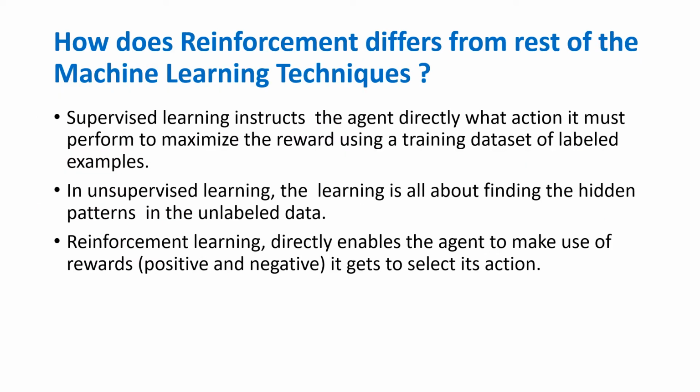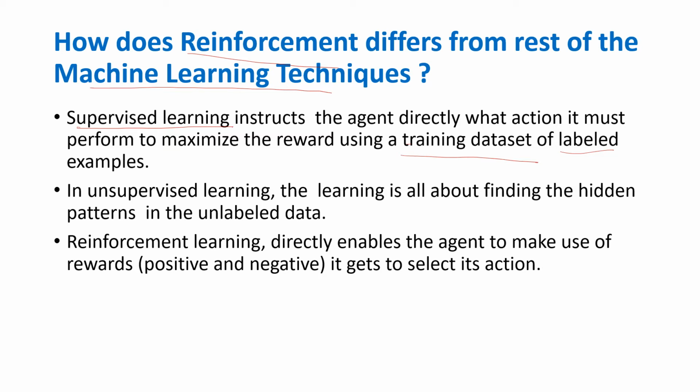Okay, so reinforcement learning is also a type of machine learning technique. We should understand how it differs from the rest of the machine learning techniques. Supervised learning is also one of the machine learning techniques, in which we have a labeled training data set. For example, when we are building a classifier which is supposed to classify dog pictures and cat pictures, when a dog picture is shown, it should classify it as a dog.